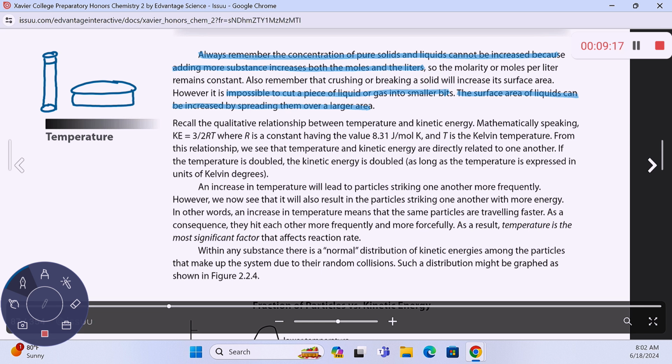If you have a liquid in this, this is a very small surface area that's exposed, as opposed to something in a petri dish, which would be a much larger surface area exposed, and that would allow this to react faster because there would be more points of contact, okay?